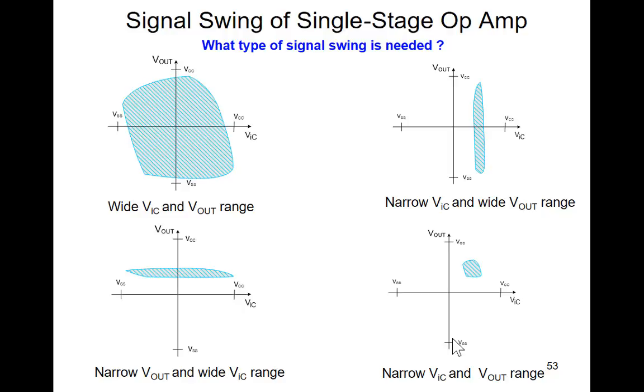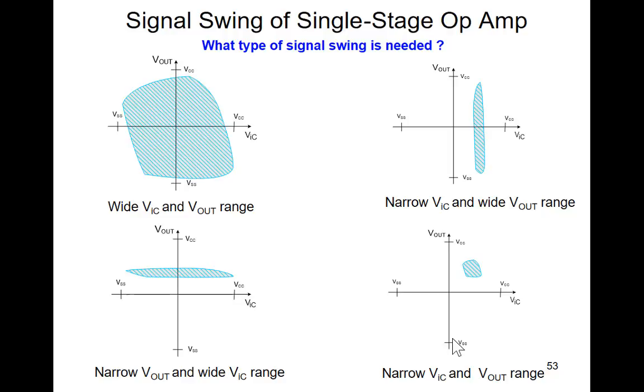So in the upper left, I'm showing a situation where we have wide common mode input range and wide output range. This structure here has a very narrow input range, but a wide output range. This structure here has a wide input range, a very narrow output range.